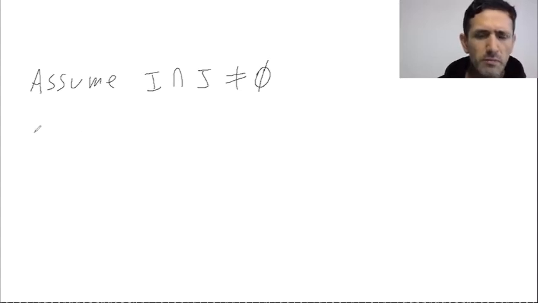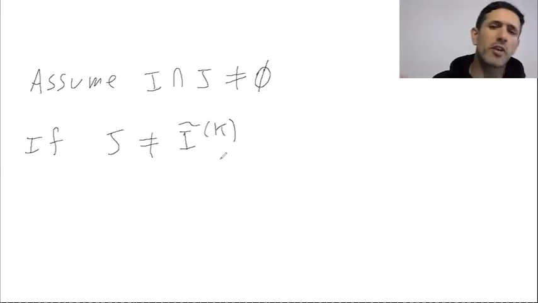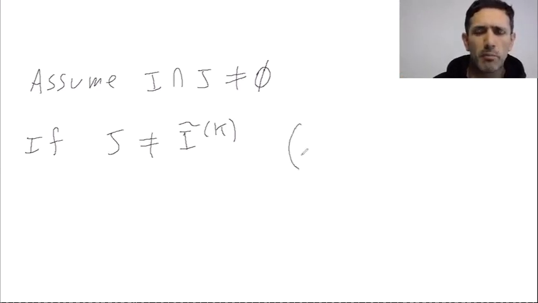So let's assume J is not the kth parent of I, or the kth generation parent of I. So there's nothing really needed to prove here.